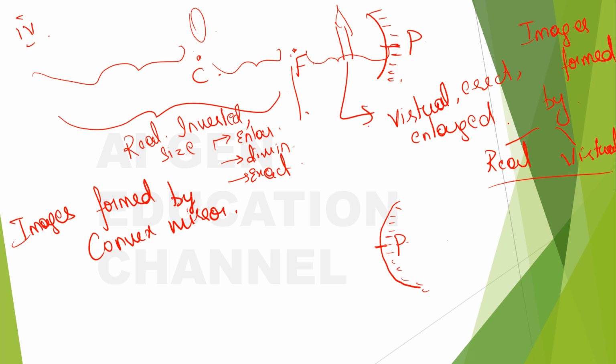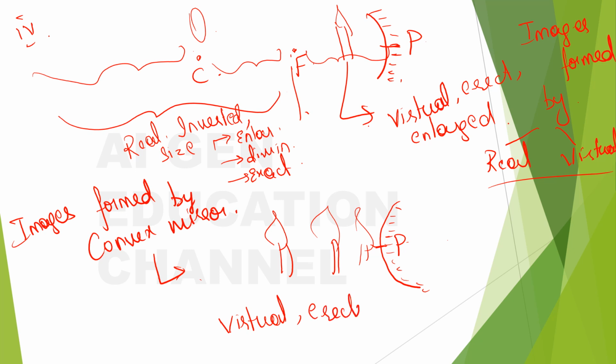Now, the thing is that in the convex mirror, you can place the object anywhere, you can place it here or anywhere. What you get is a virtual, erect and smaller image. Why am I saying smaller?